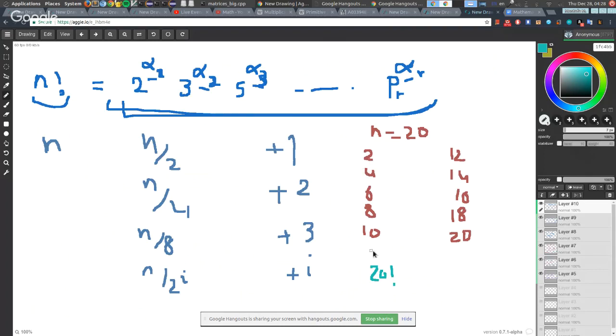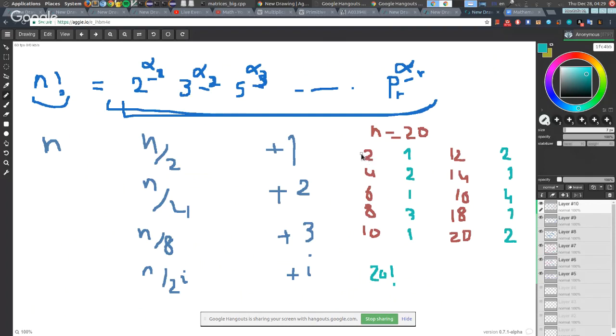The 2's will come only when we multiply these elements together. So this has a power of 2 equal to 1, here 2, here 1, 3, 1, 2, 1, 4, 1, and 2. Because this number is divisible by 4, which is 2 to the power of 2, and 16 is divisible by 2 to the power of 4, that's why we have the 4 here, and so on.